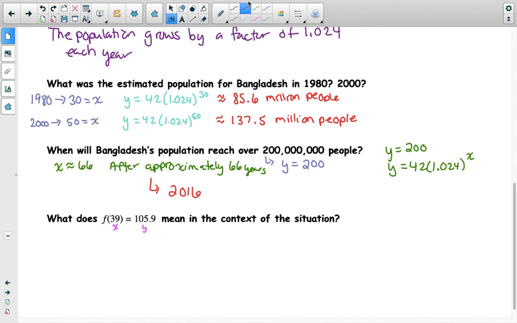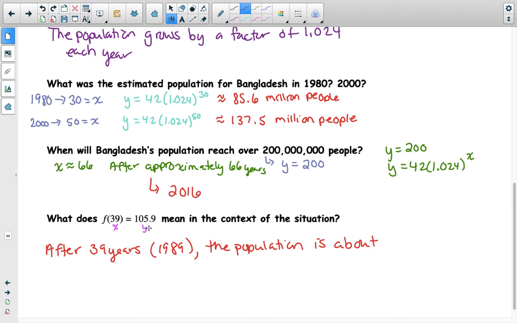So after 39 years, which would be in 1989, the y is the population.